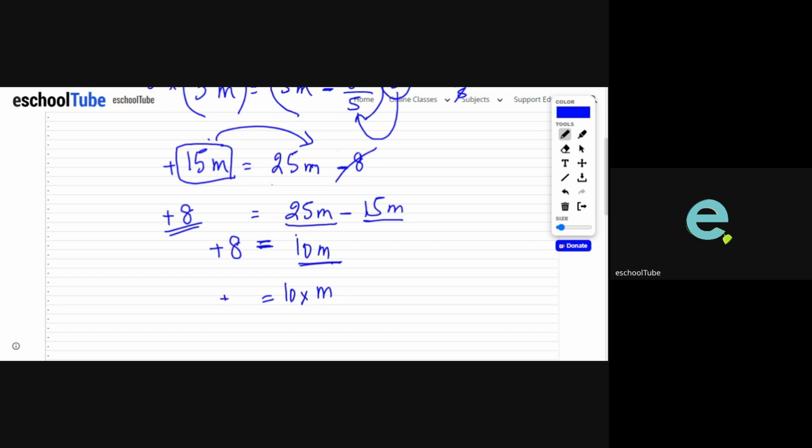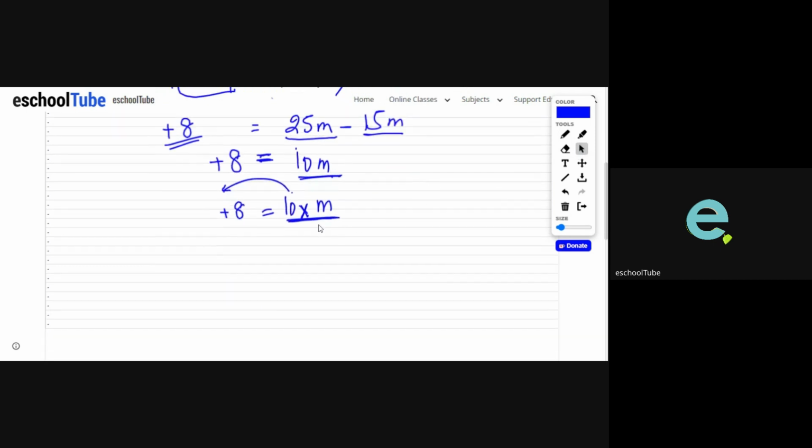Here it is positive 8. So this multiplication, this 10 if you bring here, that means this operation gets inversed. If it is here multiplication, it will become division. So this is 8 divided by 10.